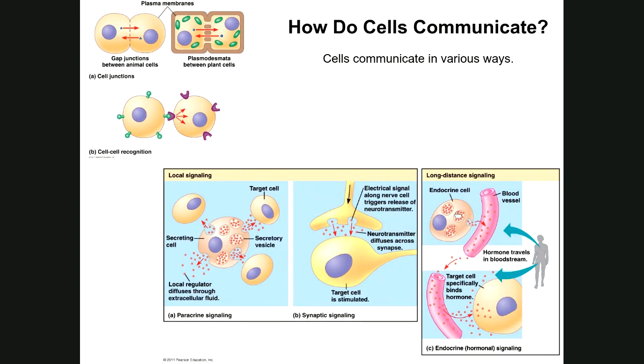They release ligands, more popularly known as hormones, into the blood. As they're showing you here, if the signaling cell is located in the upper torso, but its target cells are down in the pelvic region, the best way for those chemical signals called ligands or hormones to reach the target cell is through your blood. Eventually, they'll diffuse out of your blood and reach the receptor on the target cell.